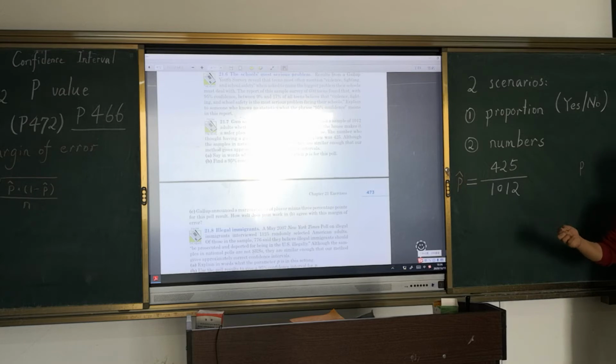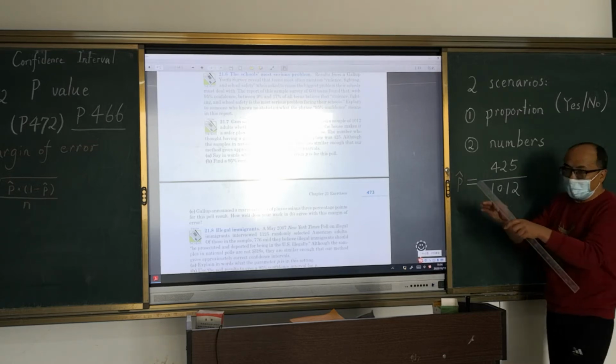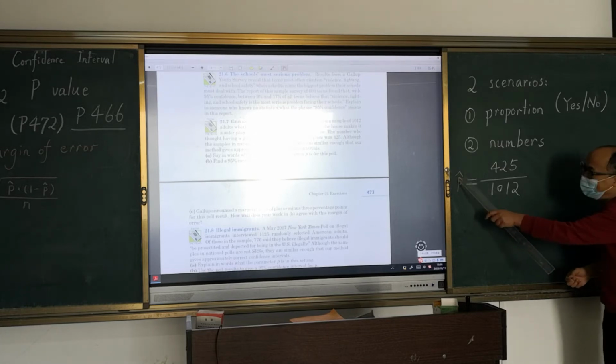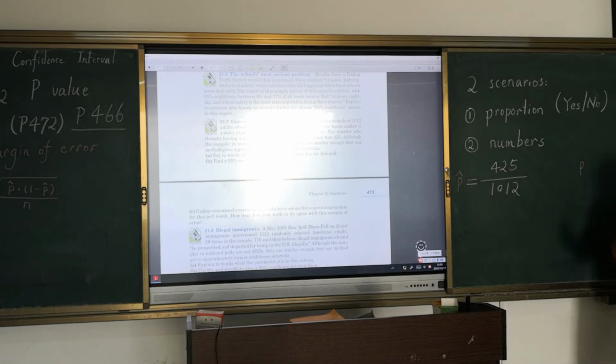They do not worry about Chinese or your tribe. They're worried about Americans. So this is the proportion of American people supporting it, and this is the proportion of the sample.